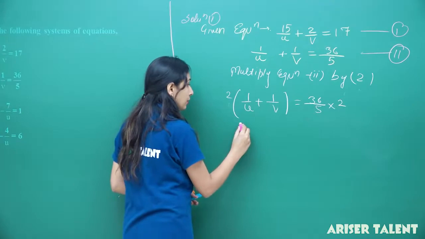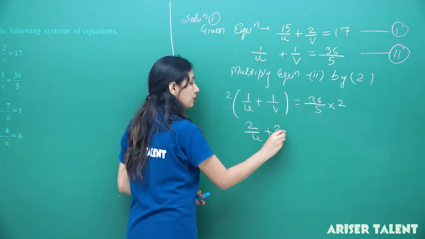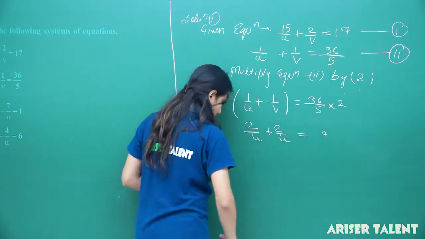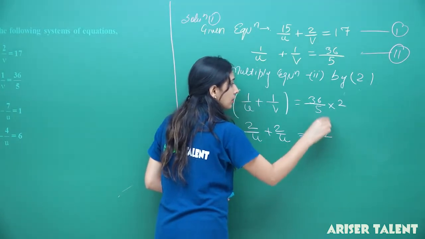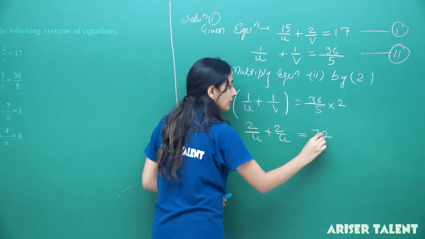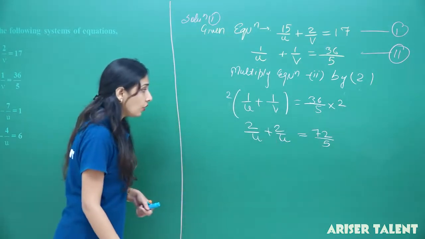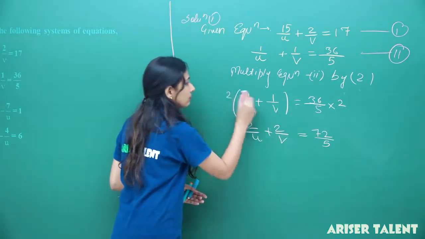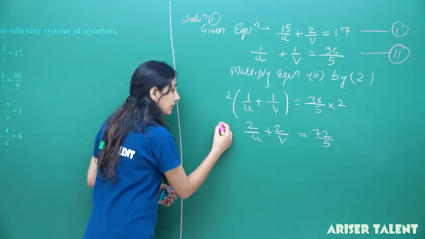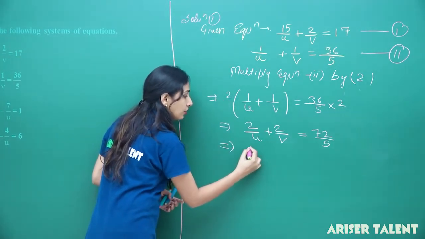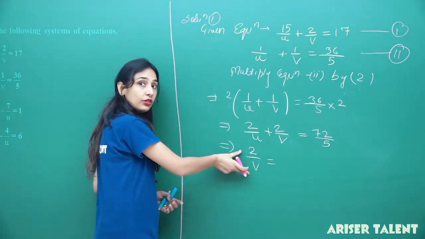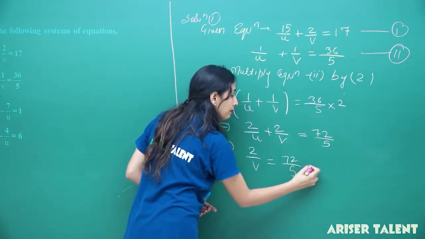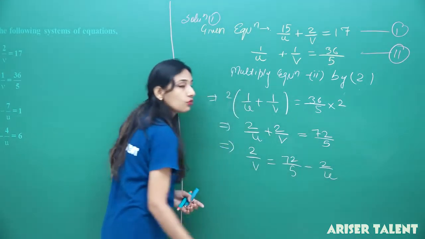That will become 2 by u plus 2 by v equals, 6 twos are 12, 1 two is 2, plus 1 is 3, 72 by 5. Now this implies that 2 by v, understand, I am calculating the value of 2 by v to place here, equals 72 by 5 minus 2 by u.